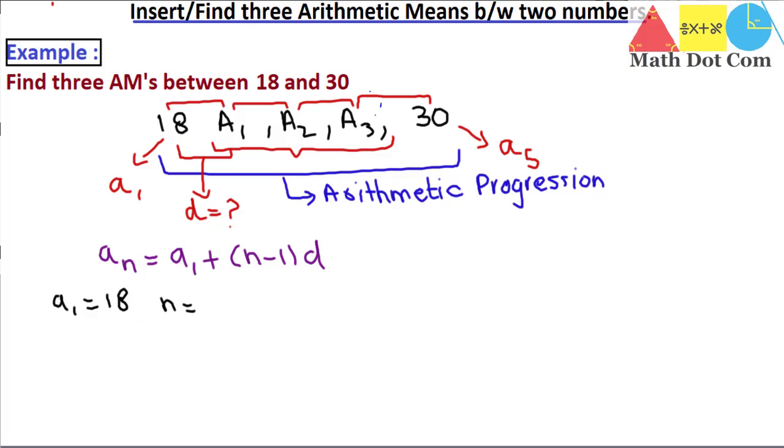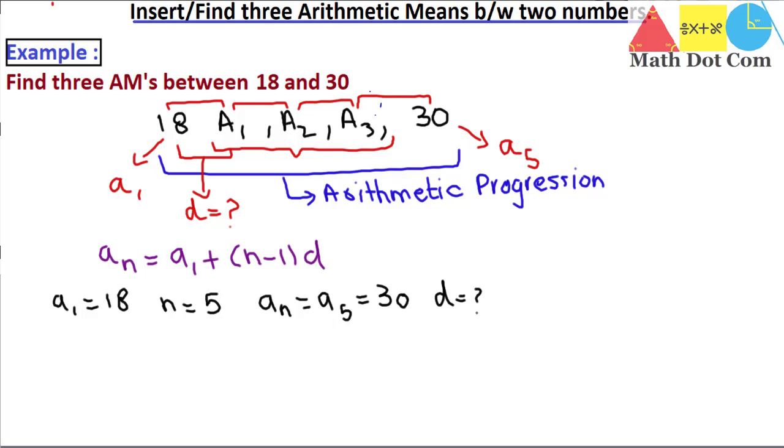N is the total number of terms. Here we have 1, 2, 3, 4, 5 terms, so n equals 5. And what is An? An is the last term of the sequence, so here the last term is A5, and that is equal to 30. What is left is D, and D is unknown.